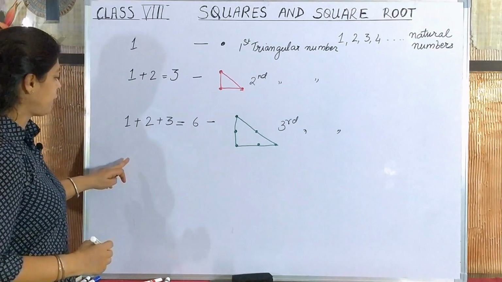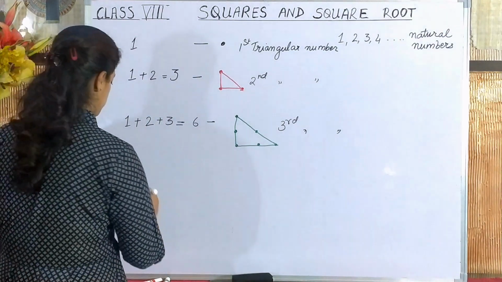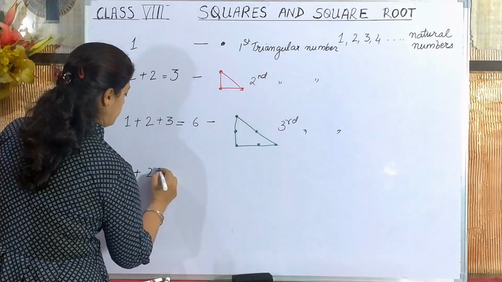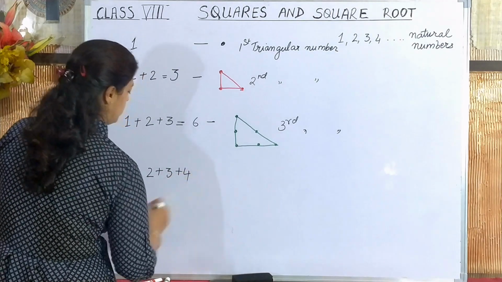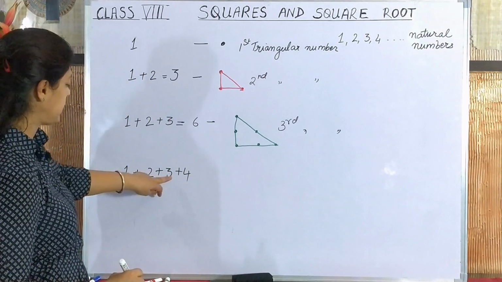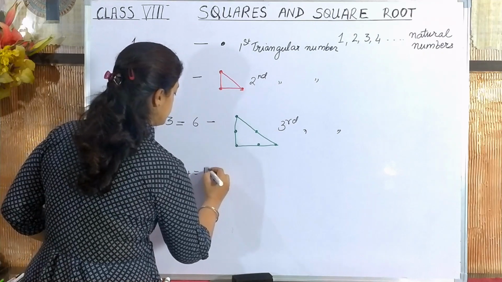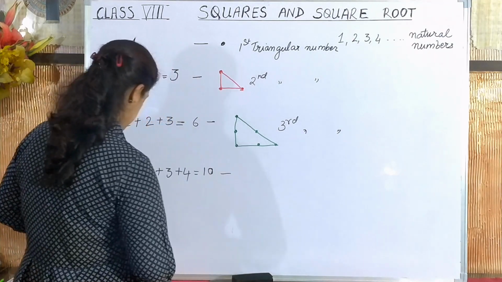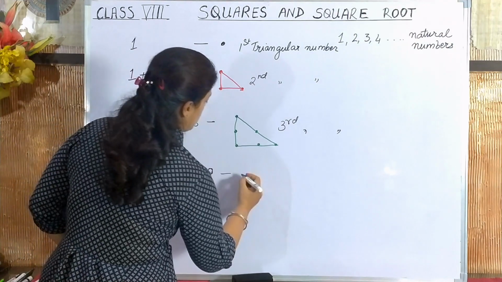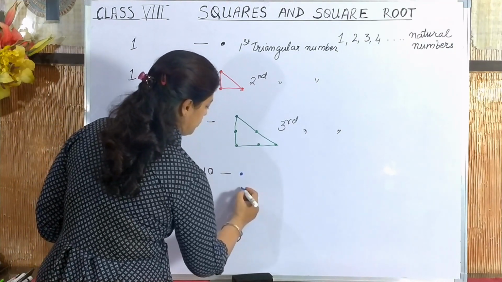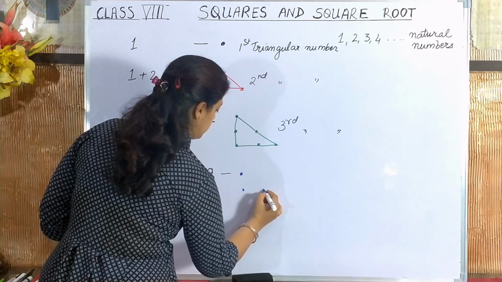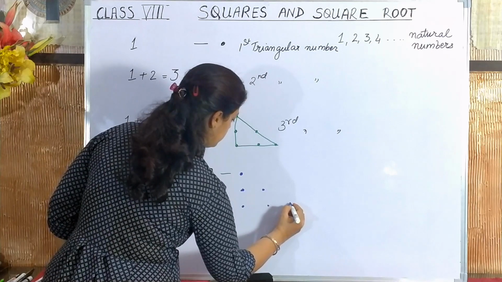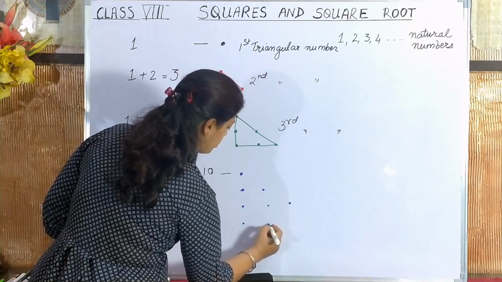And so the sum of the first 4 consecutive natural numbers will give me the fourth triangular number. So 1 plus 2 plus 3 plus 4. That adds up to 3 plus 3, 6, and 4, 10. 10 is the fourth triangular number. And this can be represented as 1 dot in the first row, 2 in the second, 3 in the third, and 4 in the fourth.